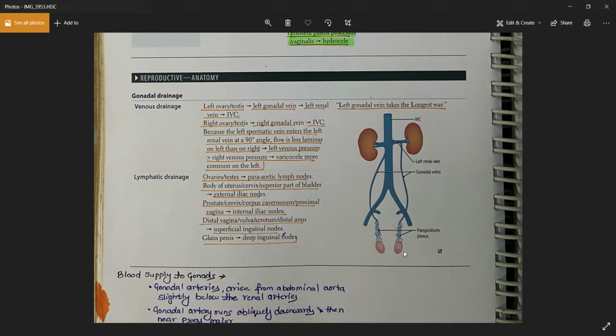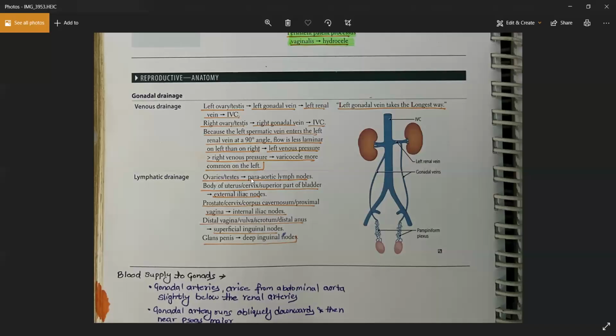Okay, now second, you have the lymphatic drainage. We have discussed that already. In the ovaries and the testis, you have the para-aortic lymph nodes. And in the scrotum, does anyone remember where the lymph drainage of the scrotum goes? Iliac lymph node or inguinal? Inguinal, yeah.